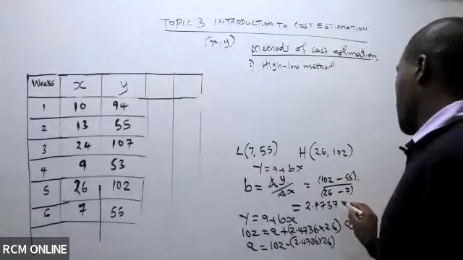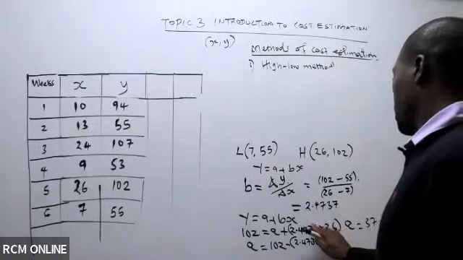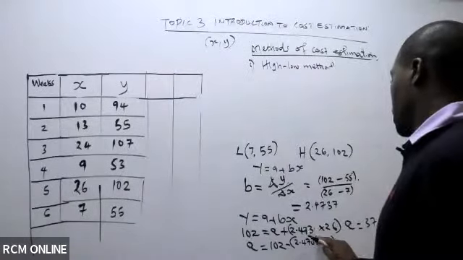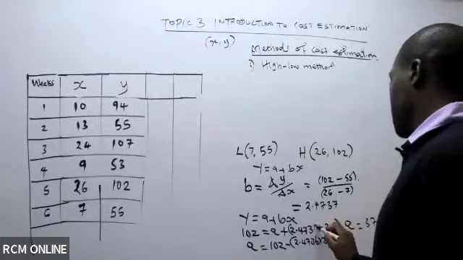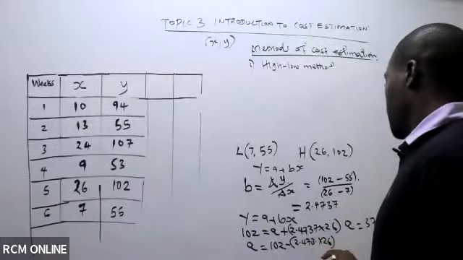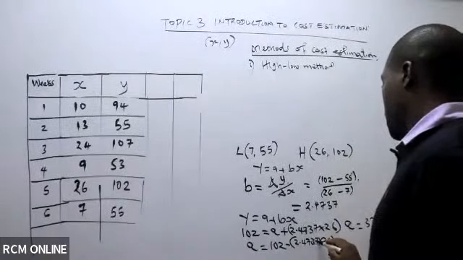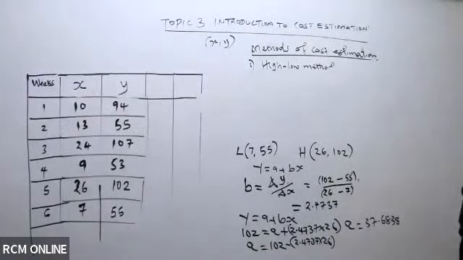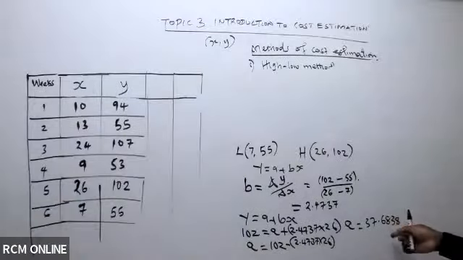Okay. Then this one should be 37. Good. So if that is done, is it okay this way?